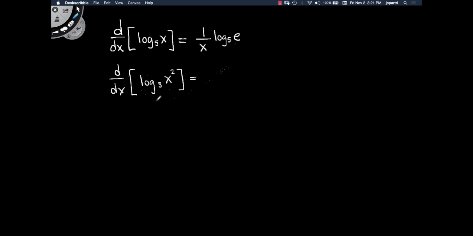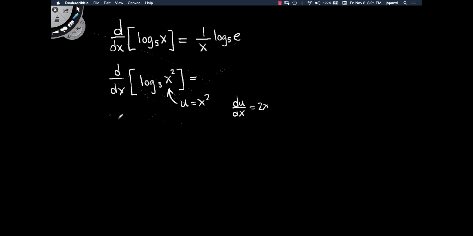So, okay, here I've got to use the chain rule in order to make this work. The chain rule would say let u equal x squared. So, okay, what is du dx? Well, du dx would be 2x.